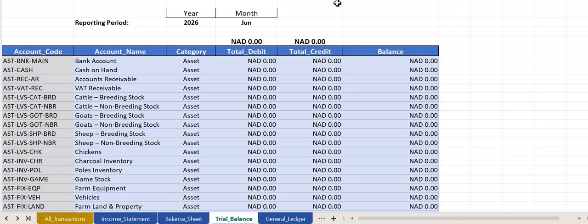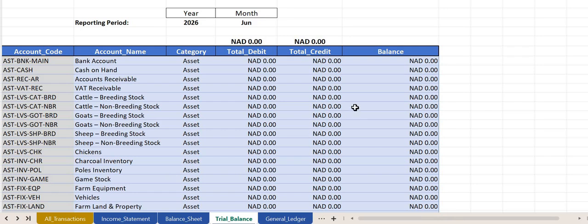That's very important. So there are three key principles to always keep in mind when using this system. Every transaction must be balanced, so every transaction must have an effect on at least two accounts. Always use the correct account.